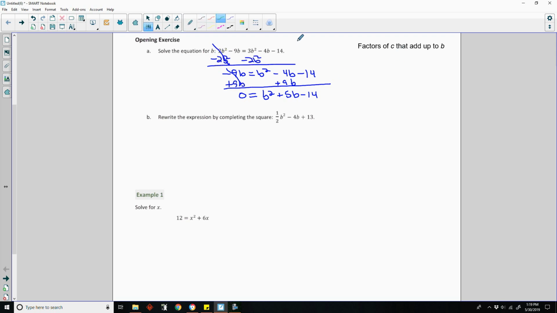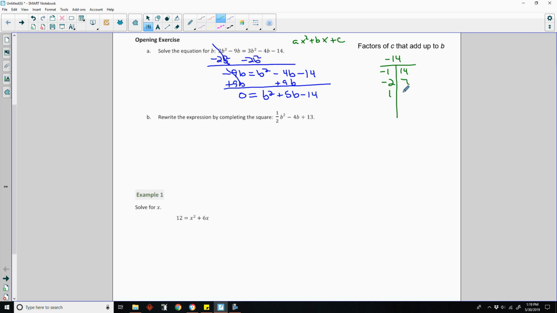So remember that if we have ax squared plus bx plus c, c is my constant and b is my linear coefficient. So when I take factors of c, that's factors of 14. Or actually it's negative 14, factors of negative 14. And that means one's positive and one's negative. So it could be negative 1 times positive 14. It could be negative 2 times positive 7.